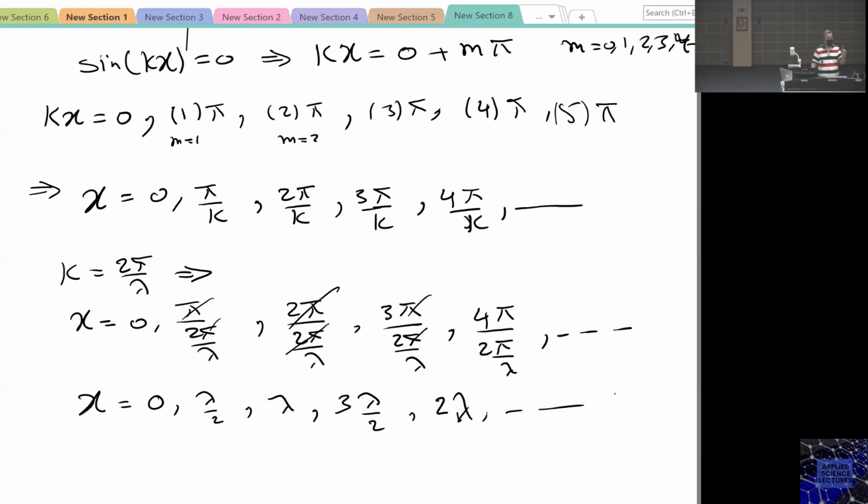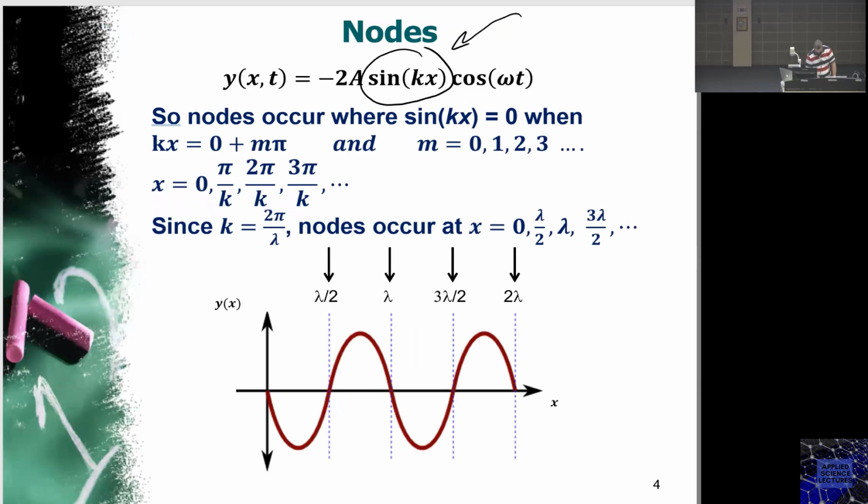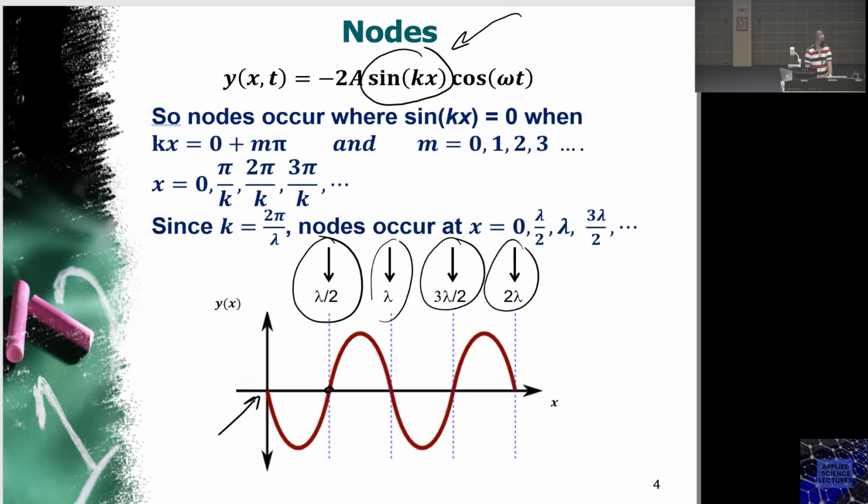So the nodes are 0, lambda over 2, lambda, 3 lambda over 2, 2 lambda. Notice that the separation between two nodes is lambda over 2.